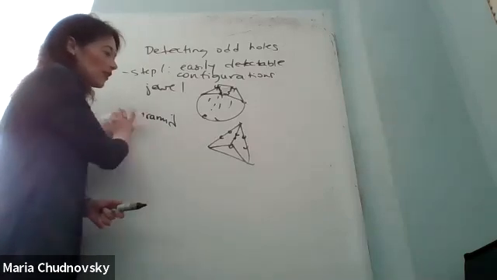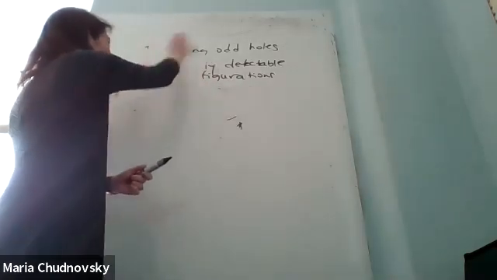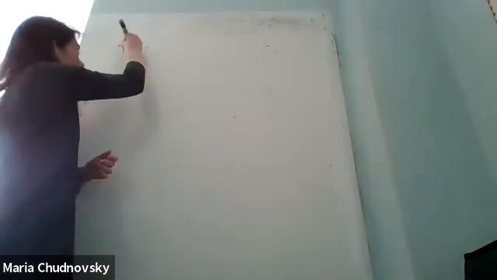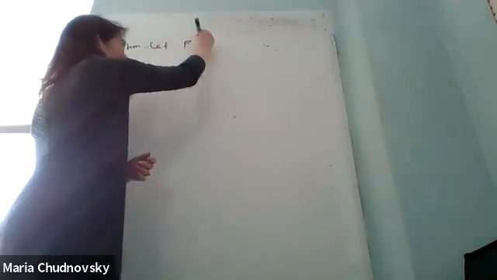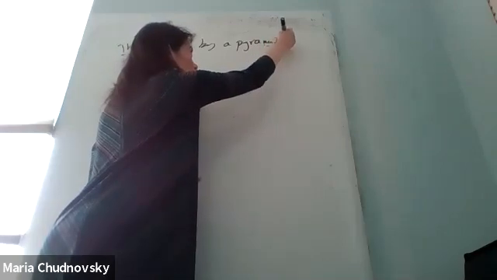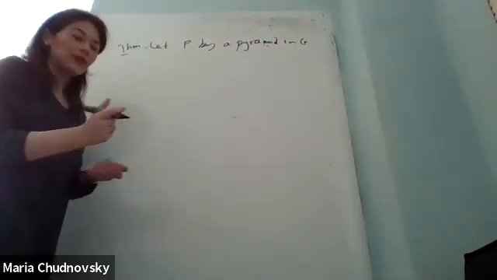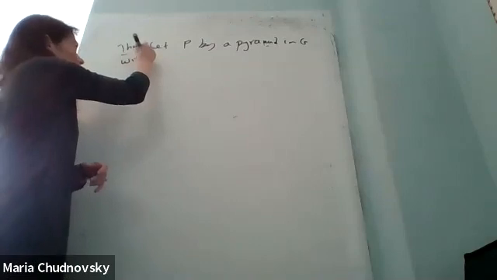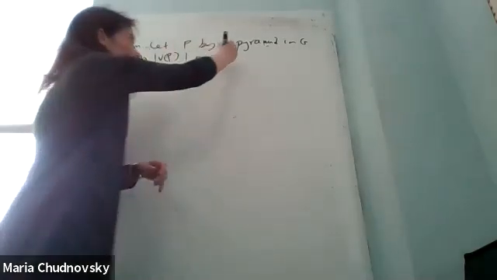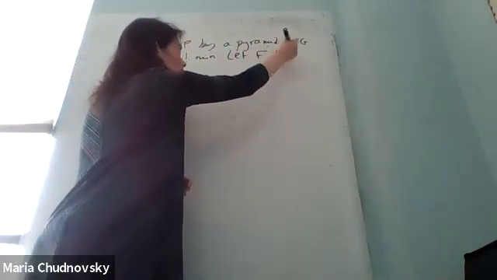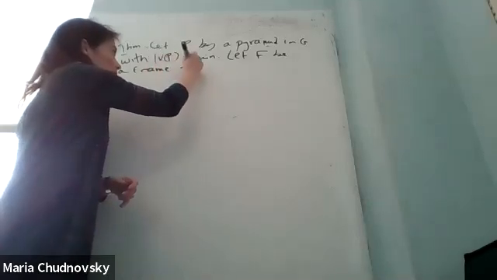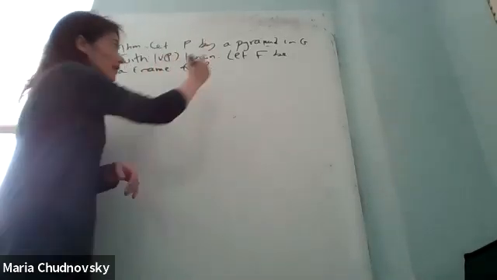So the theorem we needed to test for pyramids is the following. Let P be a pyramid in G, and probably, in fact, you maybe have it in your notes, with V of P minimum, and then let F be a frame for P. Now remind you what that is.